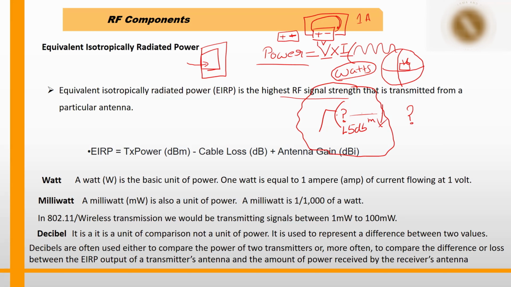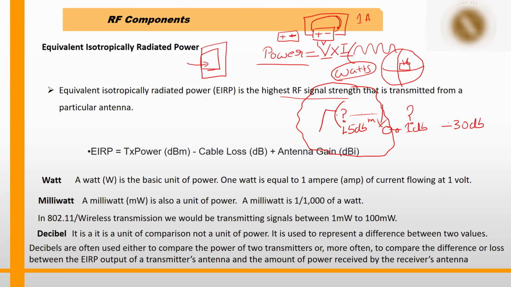It may come down to 0.1 or 1 dB, or it can even go into negative values, like minus 30 dB. So as you move a little ahead of this antenna, the power will decrease in an exponential way.